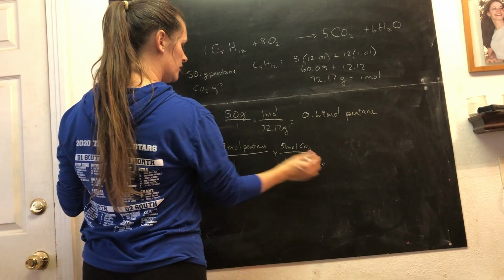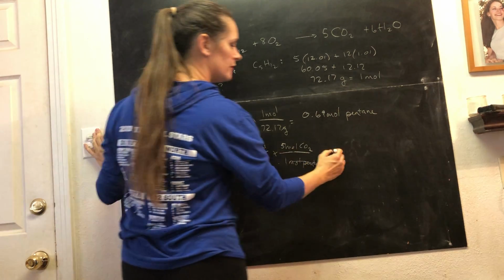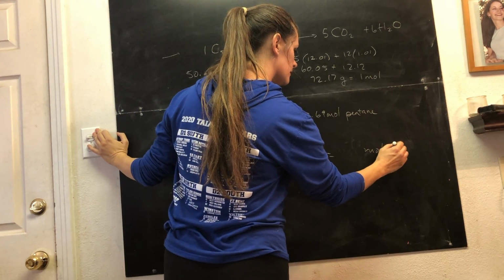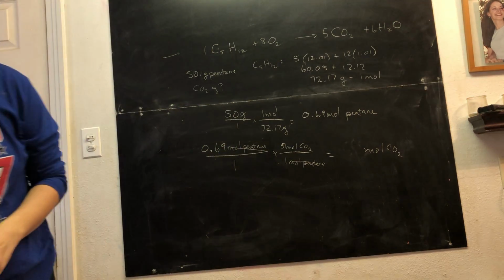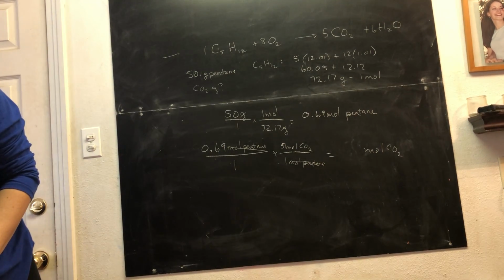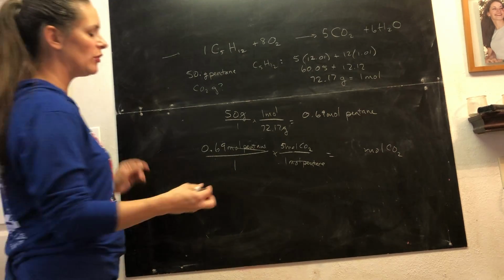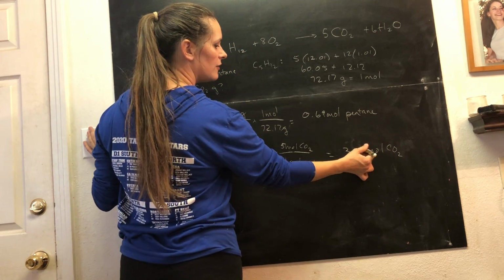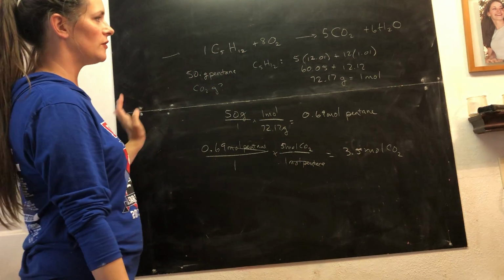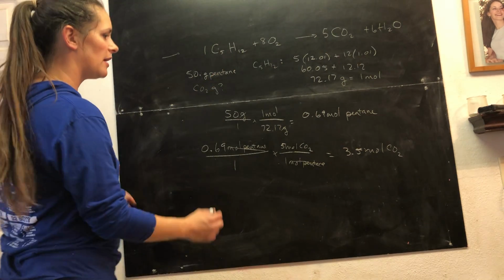Now I can cancel out moles of pentane, and I'm left with moles of carbon dioxide. So now it's 0.69 times 5. And that is 3.45, or rounding to 2 significant figures, 3.5 moles of carbon dioxide. So now I know how many moles of carbon dioxide I've made.